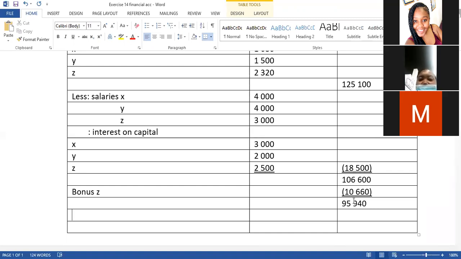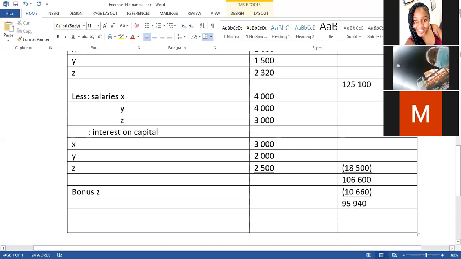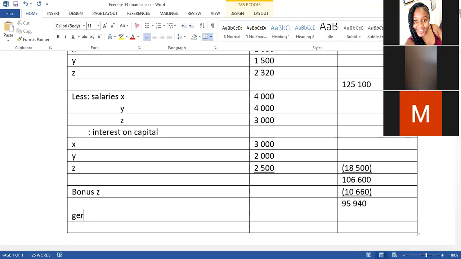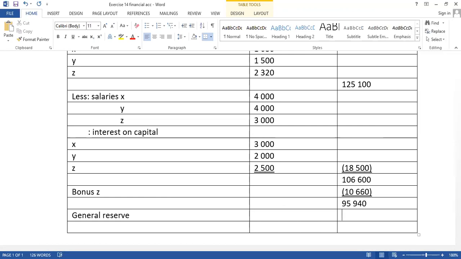Okay. So meaning that the remaining balance of 95,940, 20% of it should be transferred to general reserve. So here we'll have general reserve of how much? 20%.